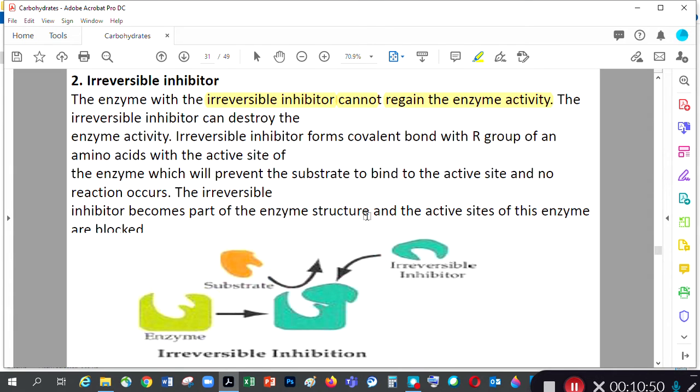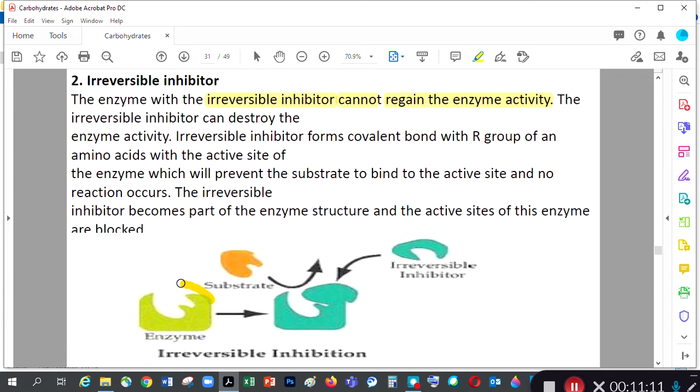Irreversible inhibitor forms a covalent bond with the R group of an amino acid in the active site of the enzyme, which will prevent the substrate from binding to the active site, and therefore no reaction will happen. Inhibitors become part of the enzyme structure, and the active sites of these enzymes are blocked.